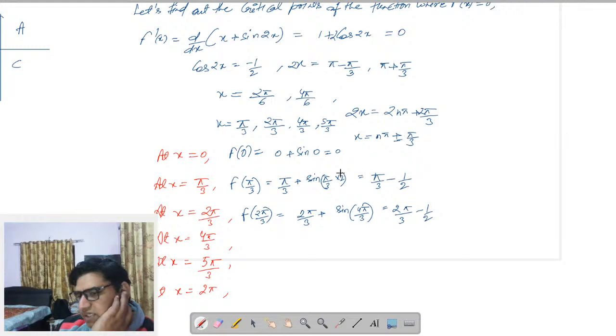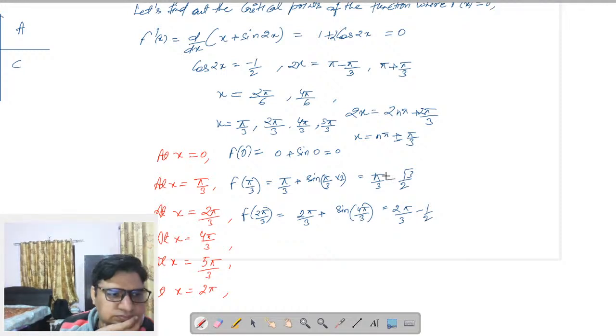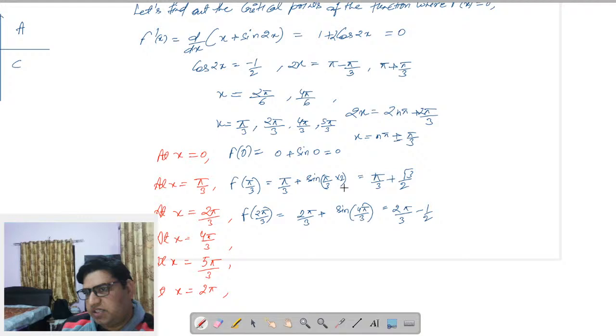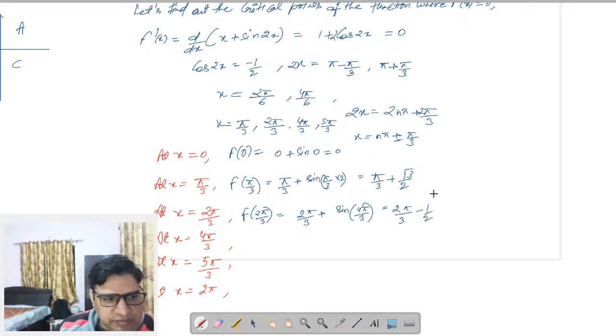Sin 4π/3 is how much? So that is π/3 plus root 3 by 2, and if we talk about 4π/3, how much will 4π/3 be? So that will be 2π minus root 3 by 2.